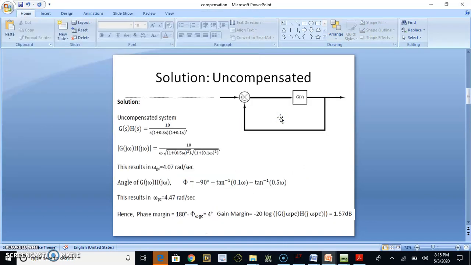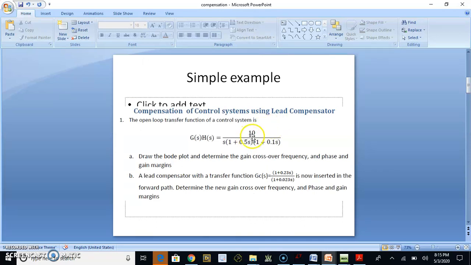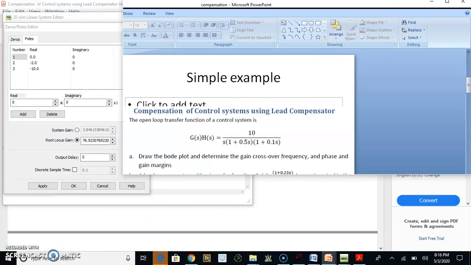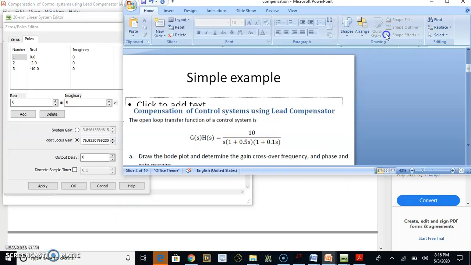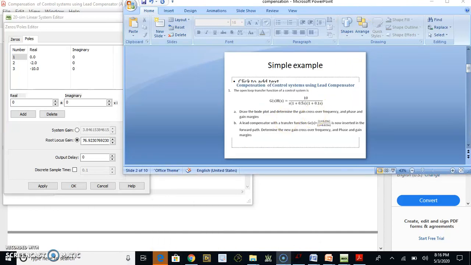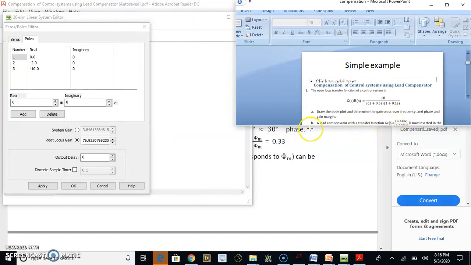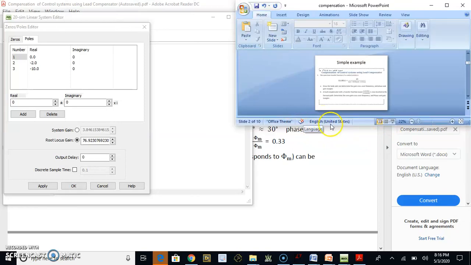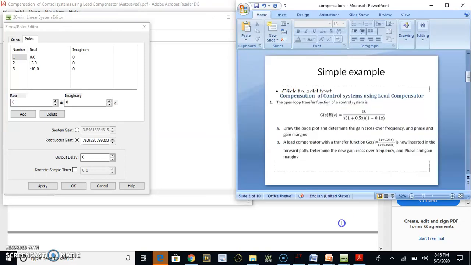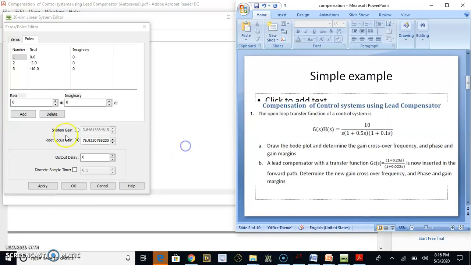What we are mentioning here is the system gain, not the root locus gain. Let me modify this.